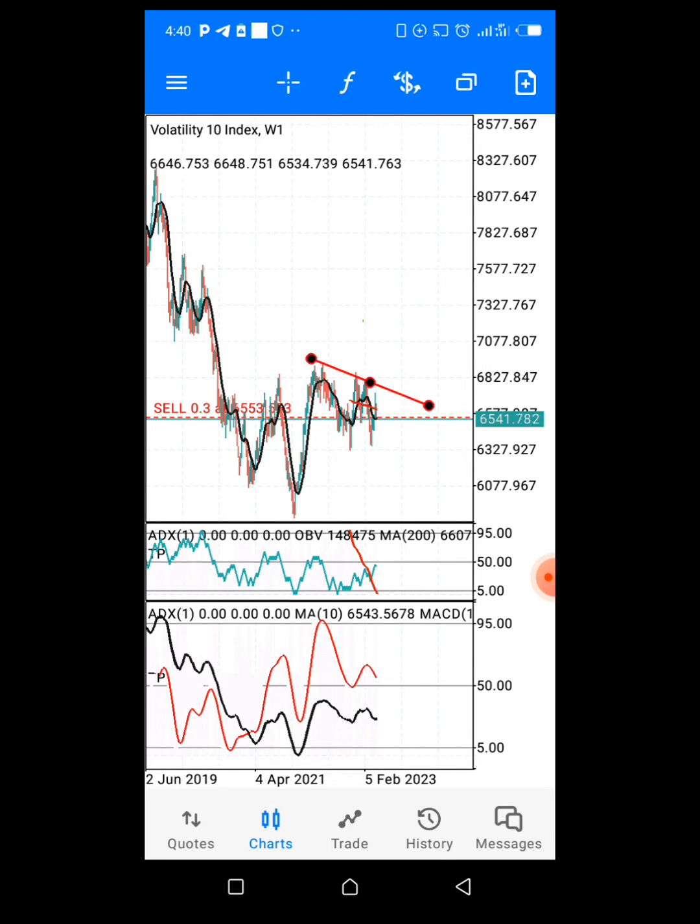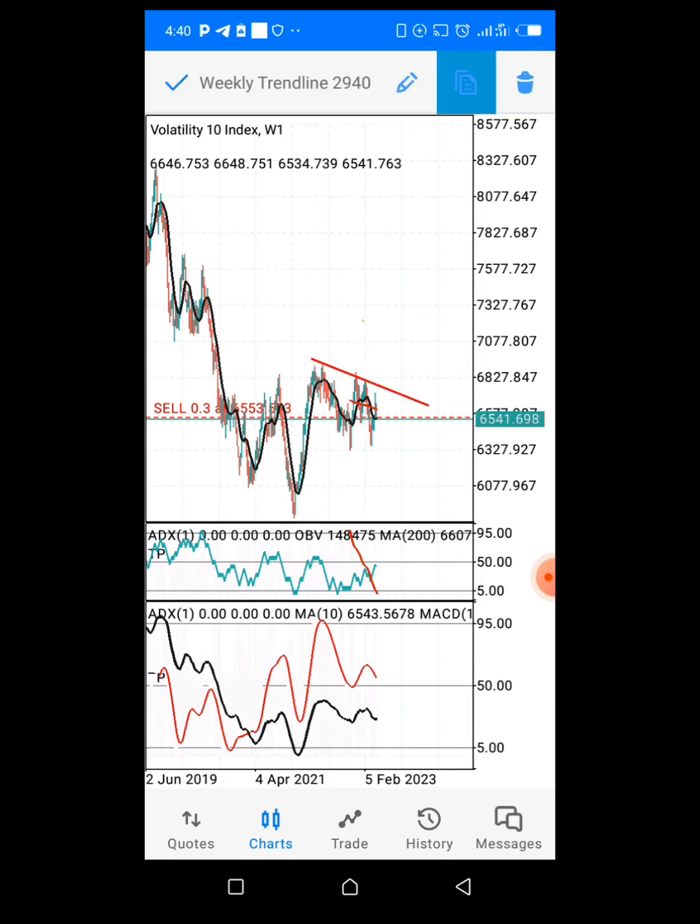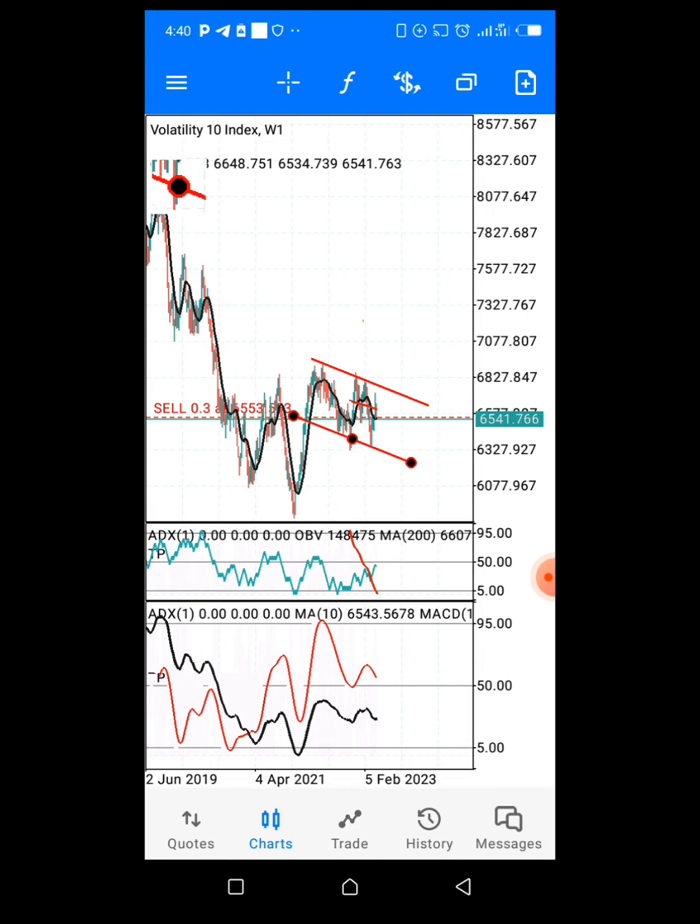We bring out our trend line. So now you can clearly see what the market is doing now. The market is in a downward trend in the higher time frame. And what are we looking at? We want our smaller time frame, our lower time frame to correspond with what we are seeing here in the higher time frame. You get?